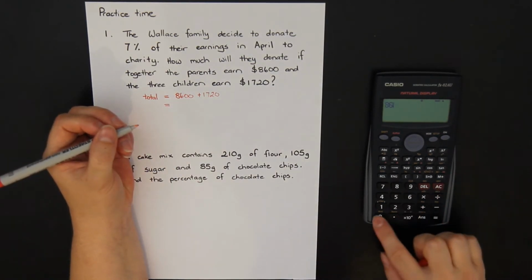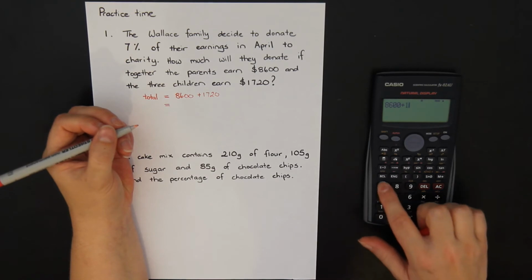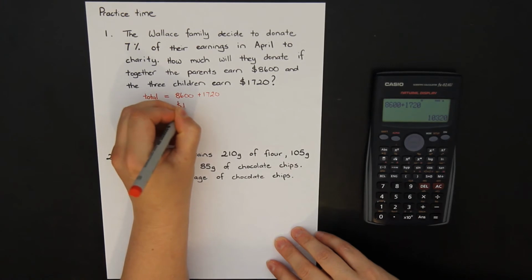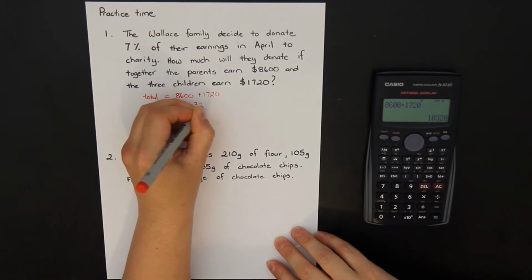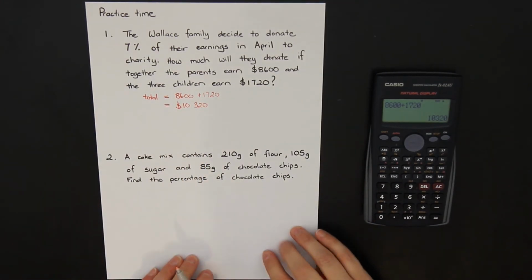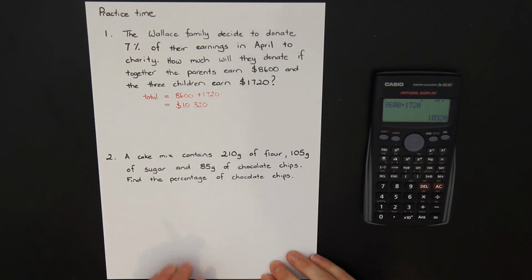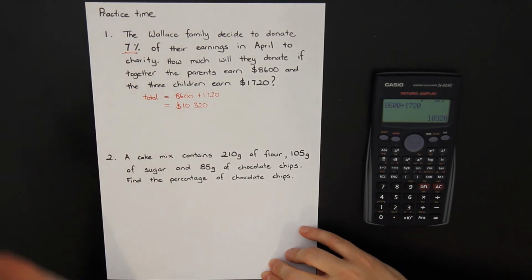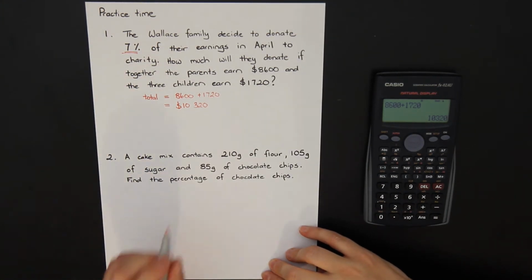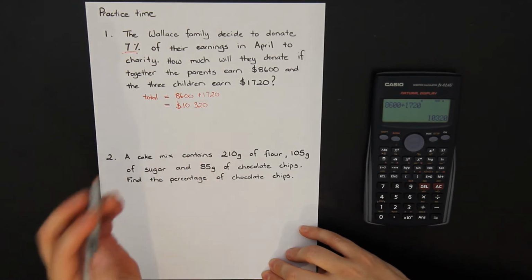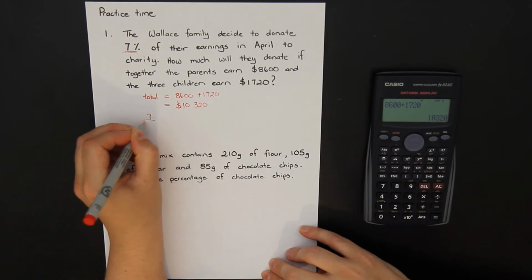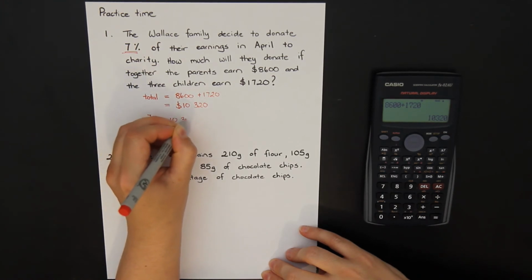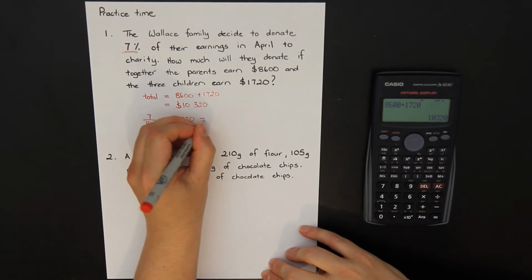So 8,600 plus 1,720 equals, altogether the whole family has earned $10,320. Okay, so now that we have the total, we can work out how much they donate to charity. They're going to donate 7% of their earnings. So we want to find 7% of this total here. 7% is 7 over 100 times by $10,320.